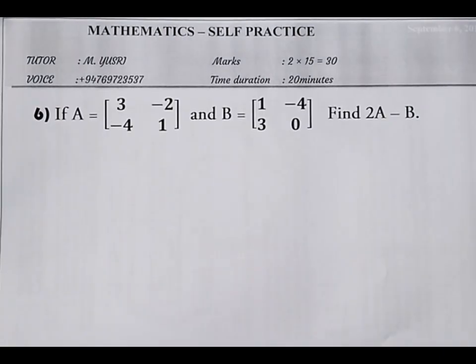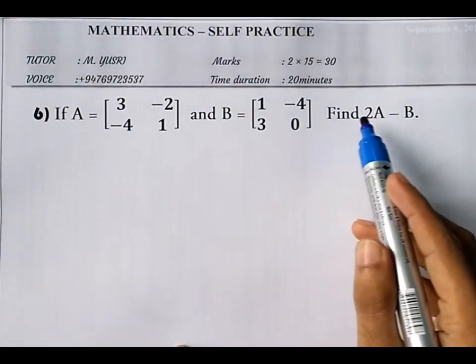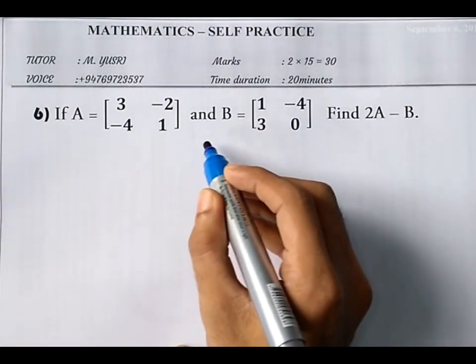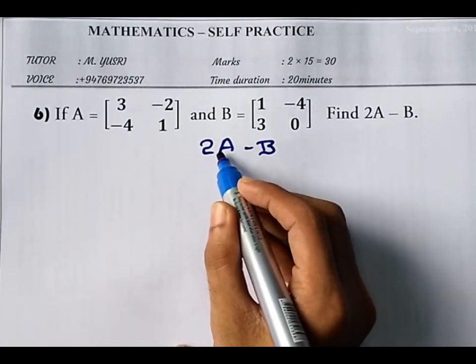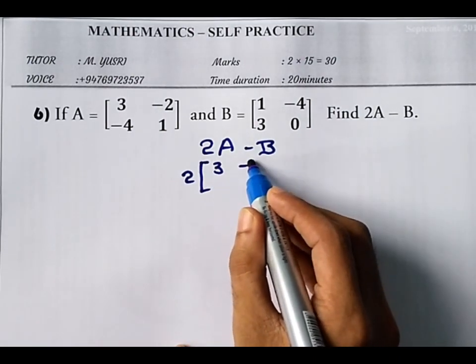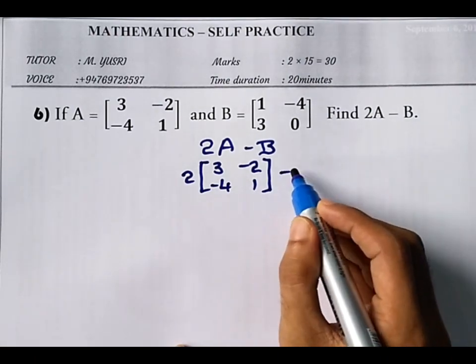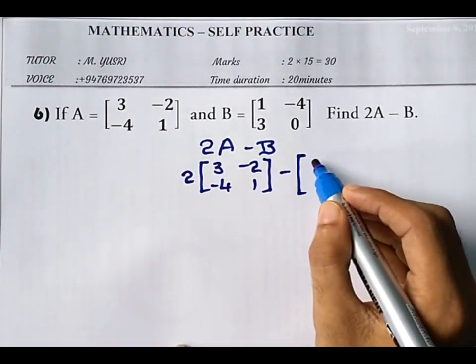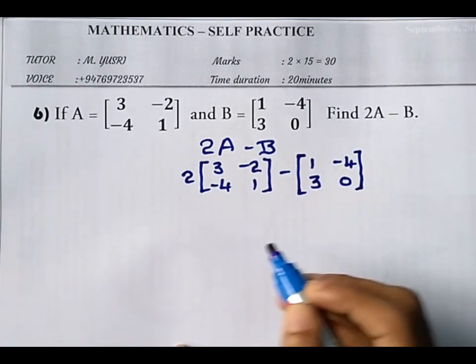And the sixth question is related to matrix, and it is very easy. They have given the matrices A and B, and we have to find 2A minus B. So first we'll substitute them. 2 into A: 2 into A is 3, minus 2, minus 4, 1, and matrix B is 1, minus 4, 3, 0.